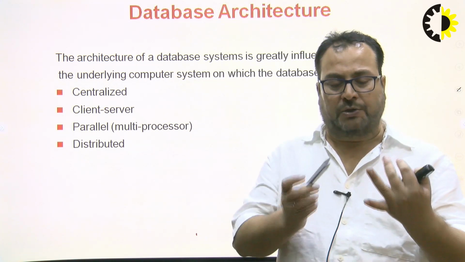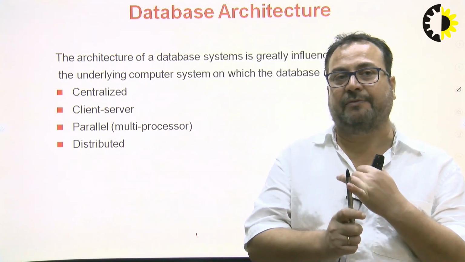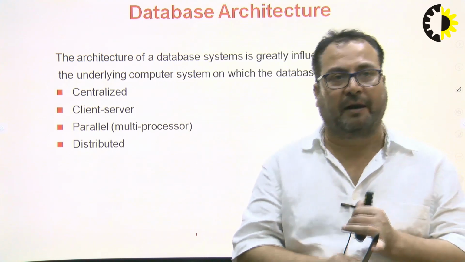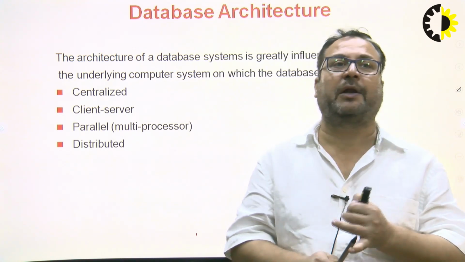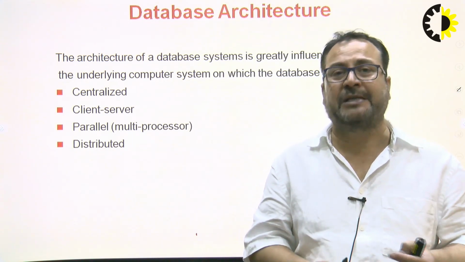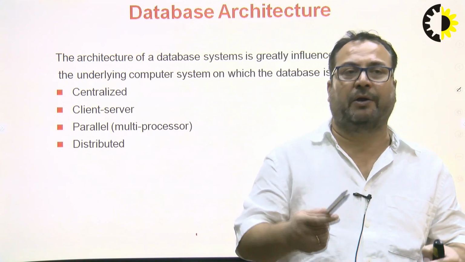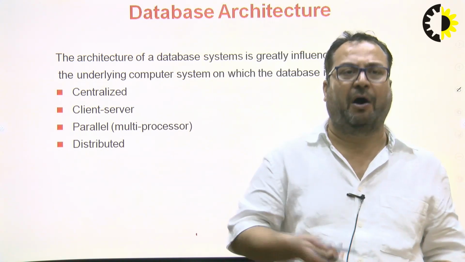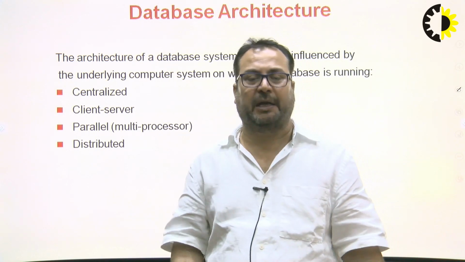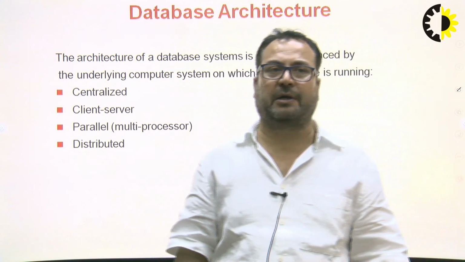So a database is a collection of interrelated relations, and the DBMS is what uses the database: how the database is stored, how we manipulate it, and all the operations and access come under the DBMS.